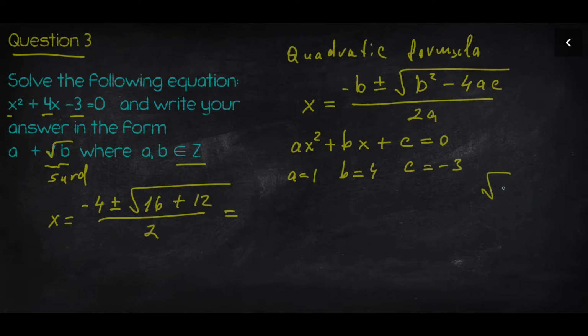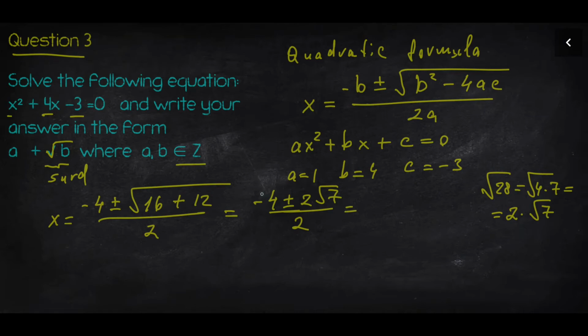Let's remember how to work with surds. The square root of 28 is the square root of 4 times 7, so we can say that it's 2 square root of 7. We can write minus 4 plus minus 2 square root of 7, and everything over 2. We do division by parts.